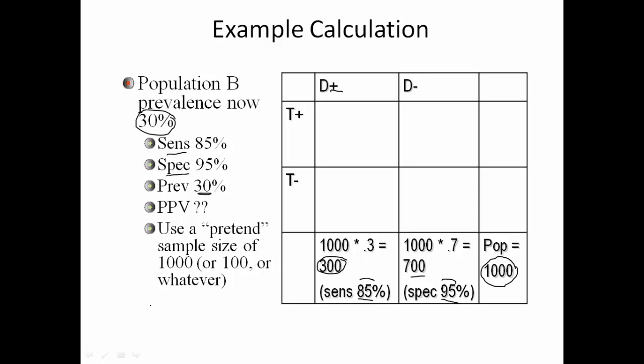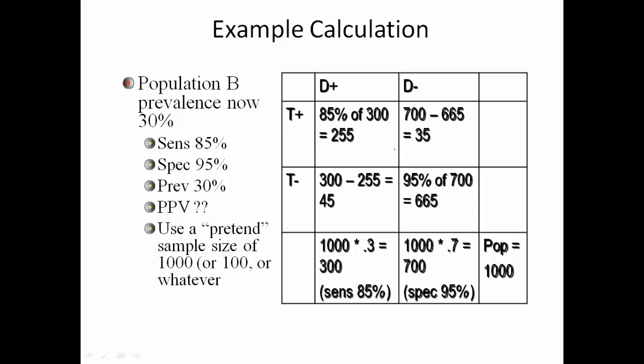Just to go over the sensitivity calculation, the sensitivity, 0.85, equals A over A plus C, so you put 300 in the denominator. You multiply 0.85 times 300 and you get the value for A, and then you subtract that from the total and you get the value for C. And here it is.